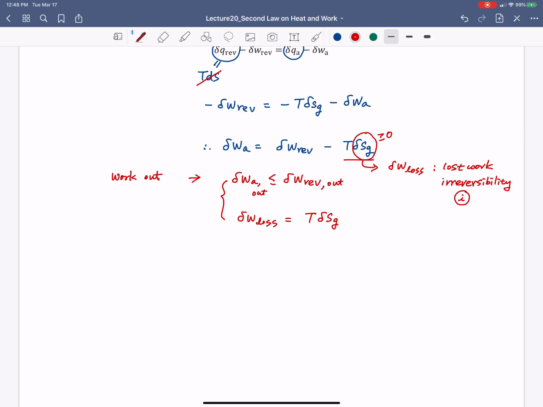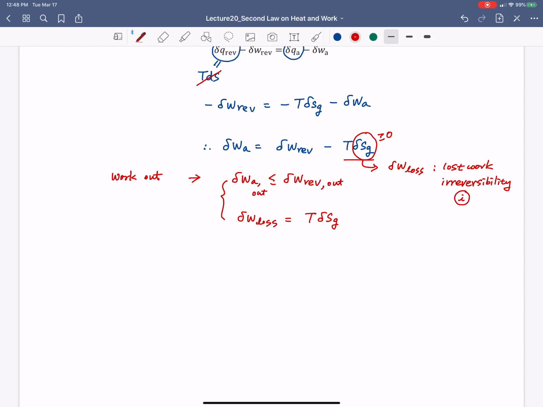So the conclusion is here. Why is entropy generation important? Because this entropy generation gives us information on how much work is actually not being well used compared to the reversible work. So if we can reduce the entropy generation, that means we can reduce the lost work by this amount, and then we can actually get more work out from the process.